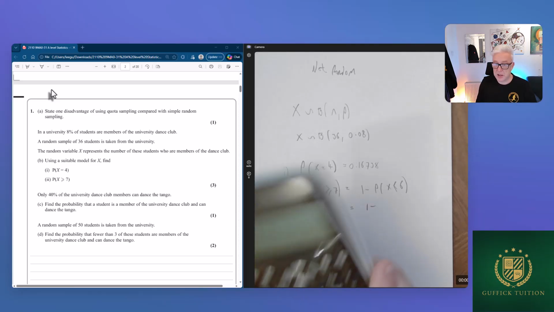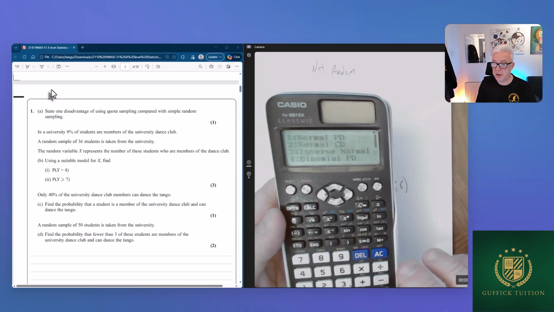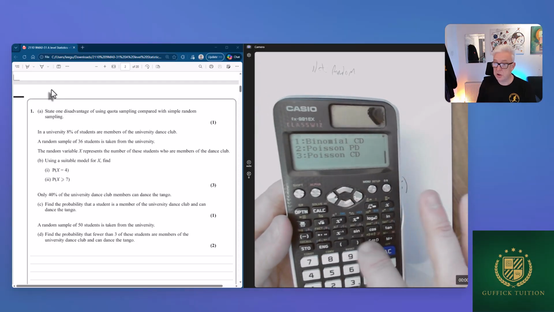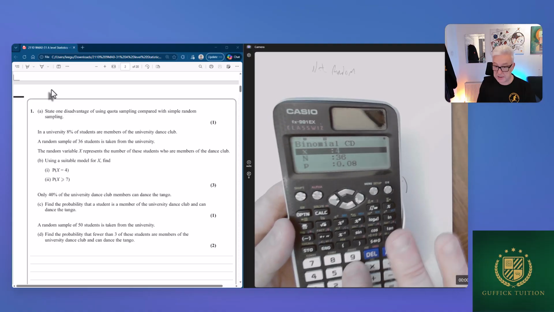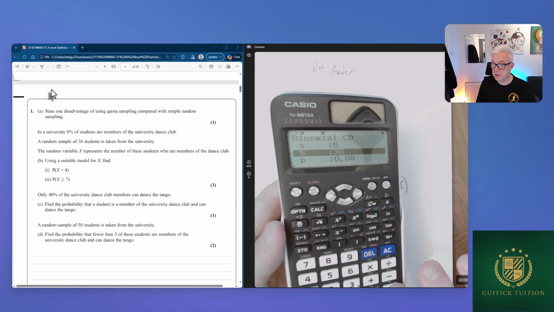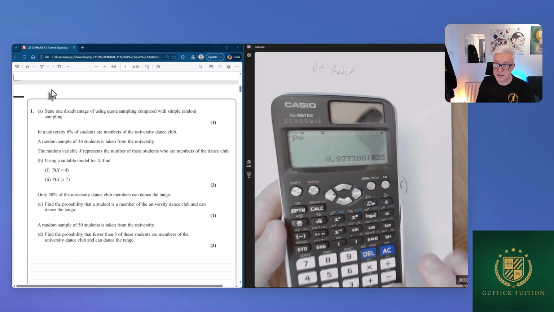So we want, it's the same situation, except for we're now going to use binomial CD because we've got a cumulative distribution. So we want, in this case, 6, still 36 and 0.08, and that's going to give me 0.977766.